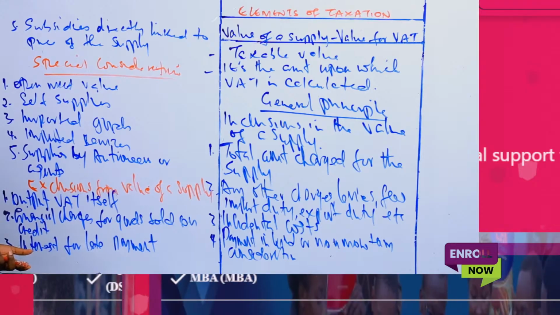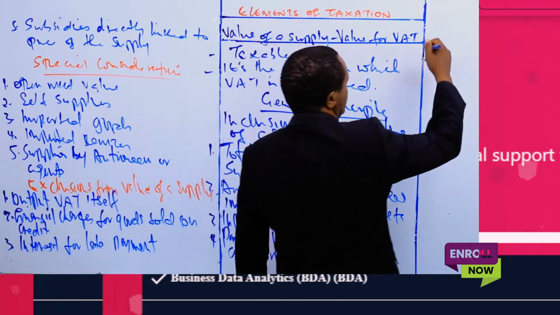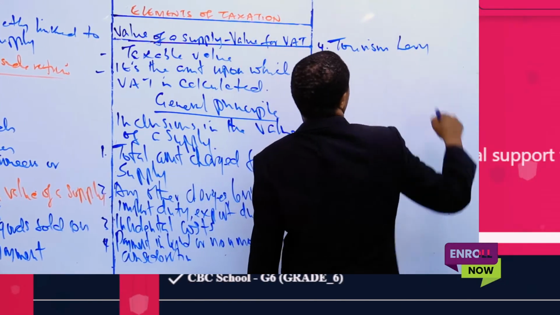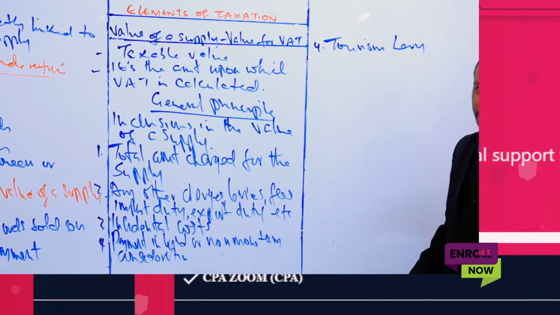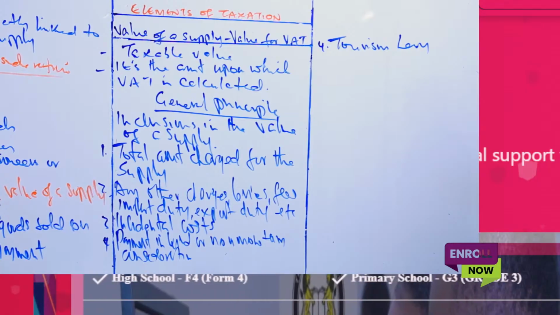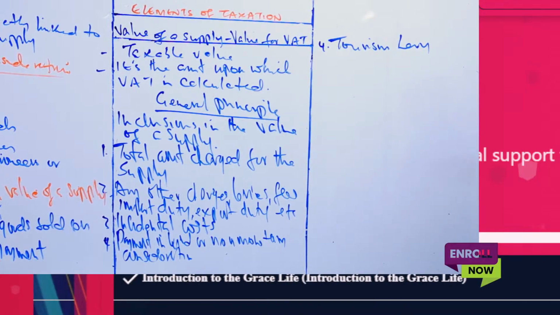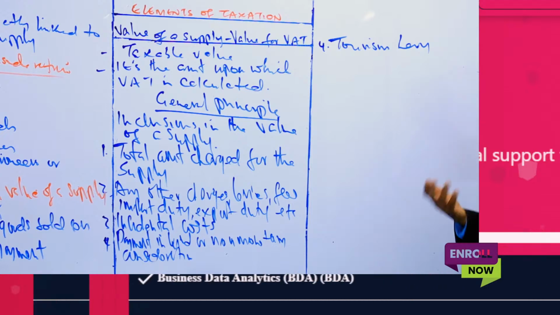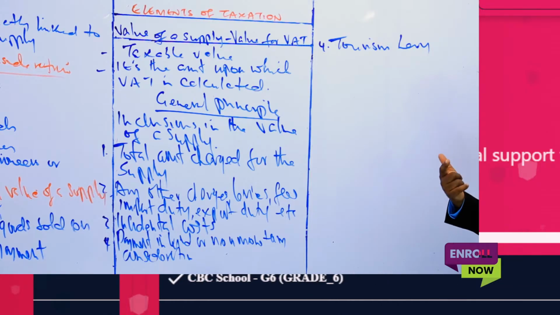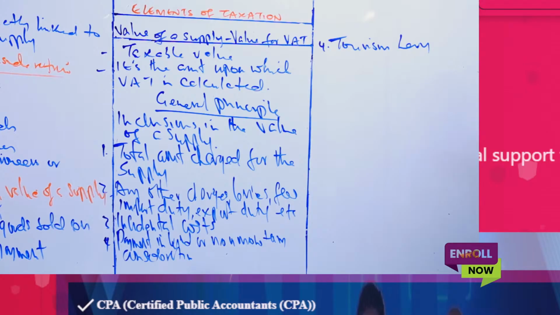Then you have tourism levy, number 4. Now, the tourism levy, where applicable, is a separate charge and typically not included in the taxable value. You understand?